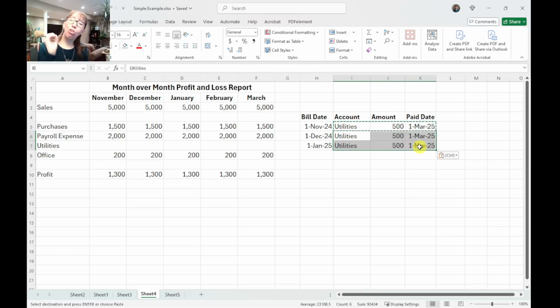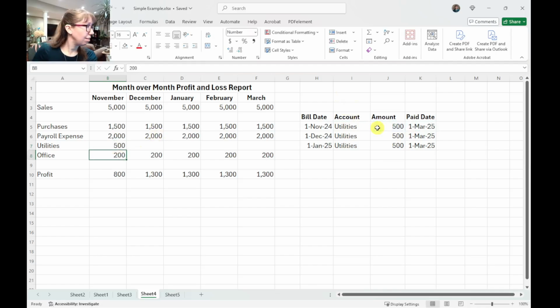Now, with accrual accounting, the expense is going to be dated not the date it was paid, but the bill date. So in this case, we would have the 500 for November here, the 500 for December here, and the 500 for January right here.